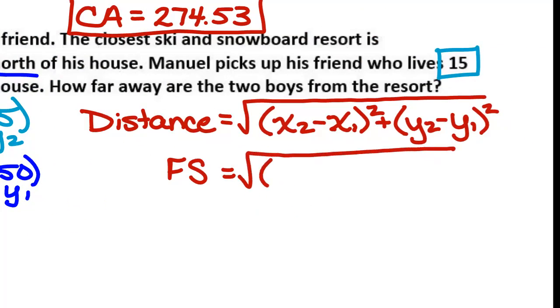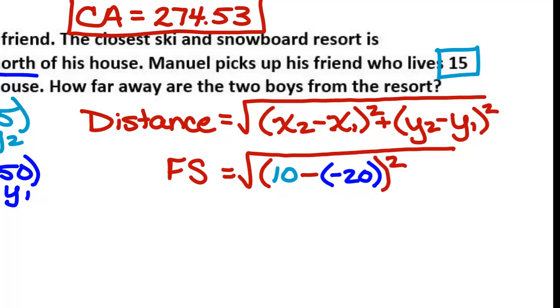What's my X2 that I should put in here? 10. So 10 minus 20. Negative 20. 10 minus negative 20. Be careful there. The minus came from the formula, but the second number is a negative 20.